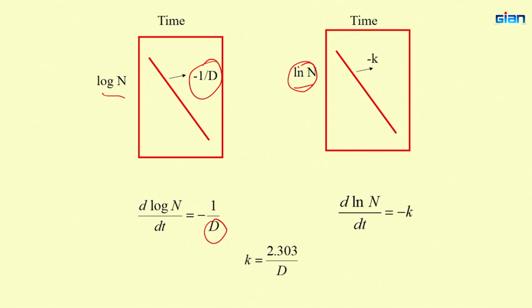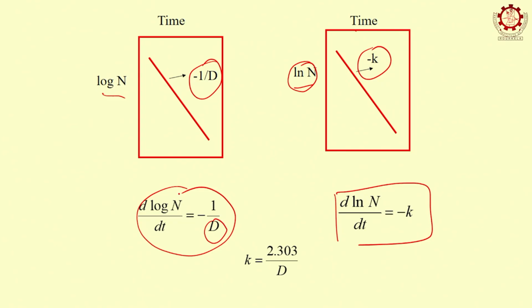You use natural log ln versus time, and then you use the k, and you use this type of equation. So this is coming from traditional chemical kinetics, whereas this comes from a more traditional biology type concept, but they talk about the same thing.